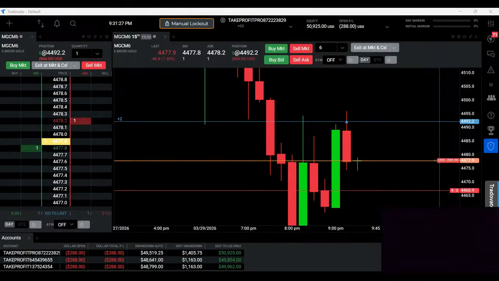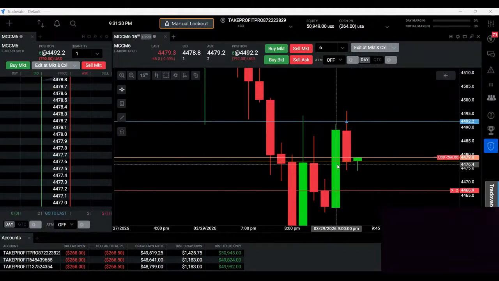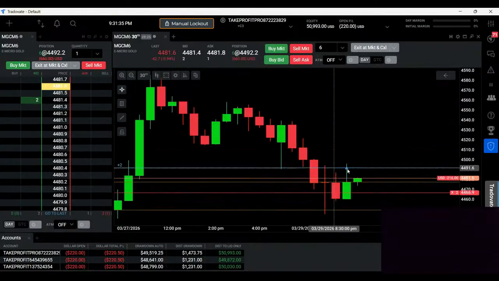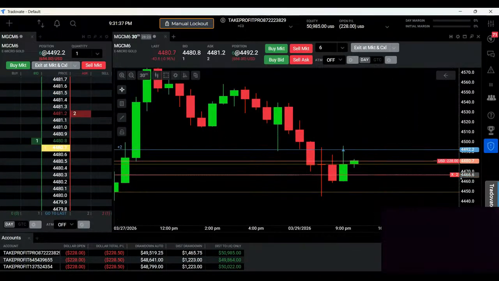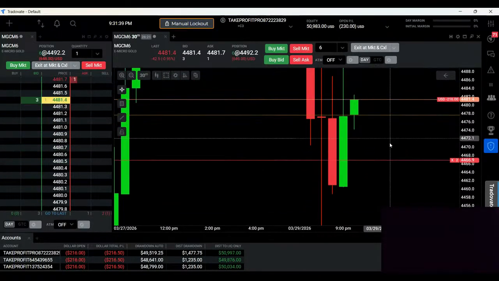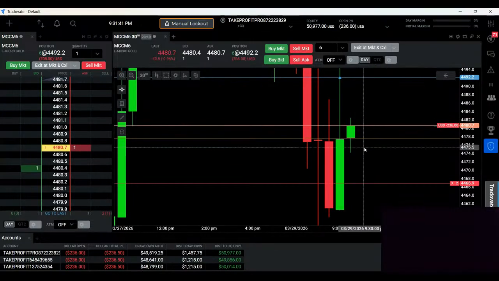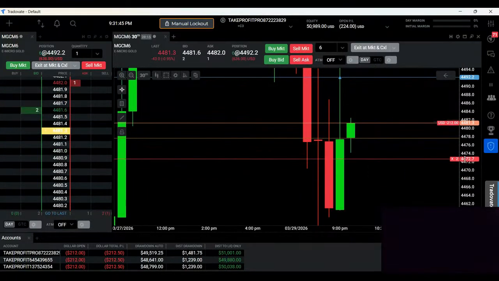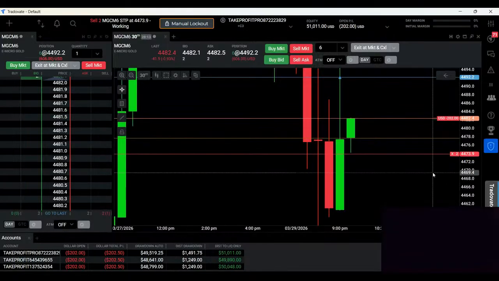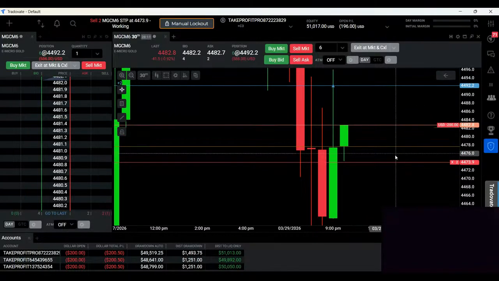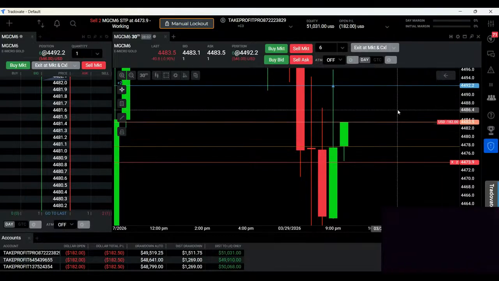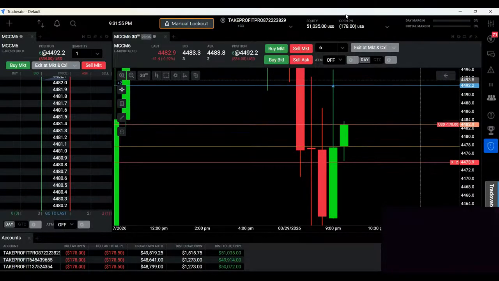All right. So based on how this 30-minute candle closed, it closed in a position that I don't like. So now we just got to see how best we can manage risk, right? So right now, I'm gonna adjust my stops to here. Now I am risking like $200 on this trade instead of like four as before.